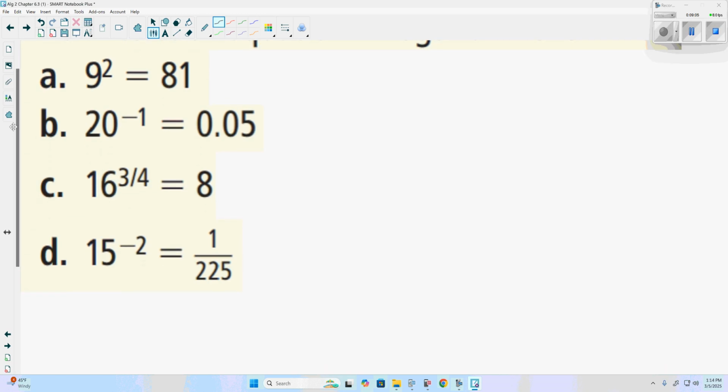All right, 4 more. Let's look at them. 9 squared equals 81. Log base 9 of 81 is equal to 2. 20 to the -1st is equal to 1/20, so log base 20 of 1/20 equals negative 1.